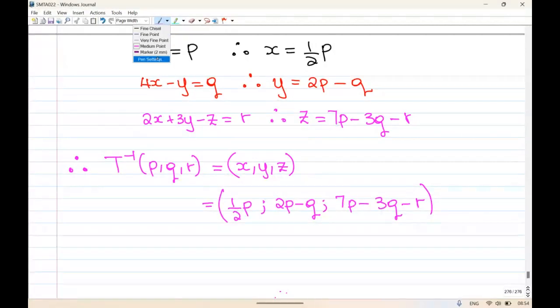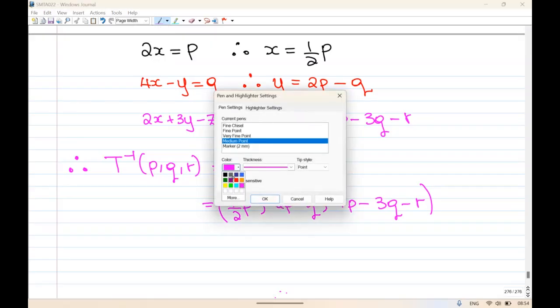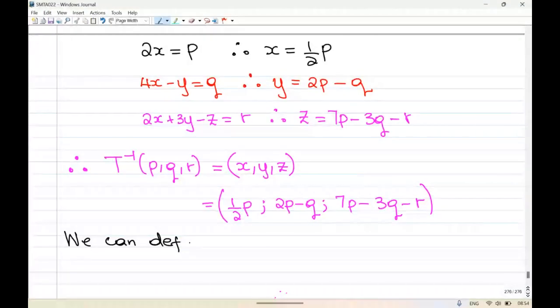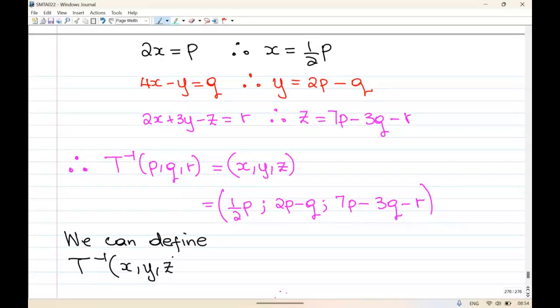So we can agree that this map, this inverse, now we can define that our T inverse of x, y, z, is it correct?